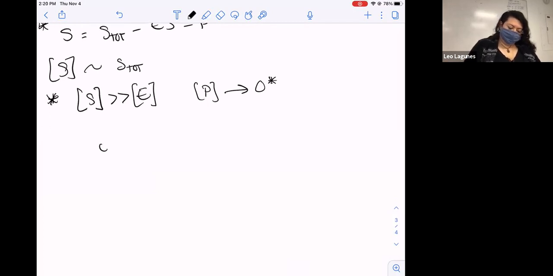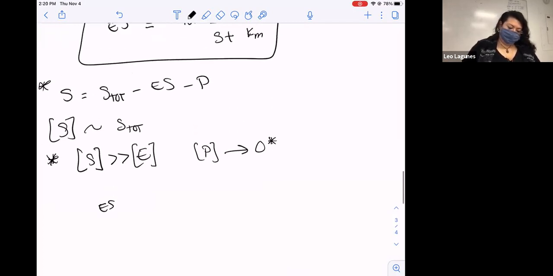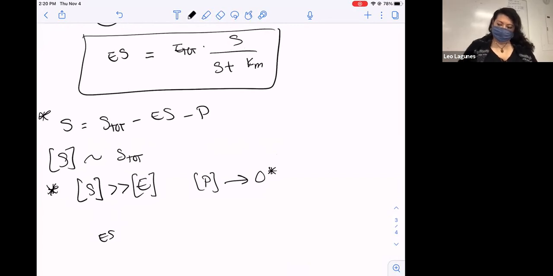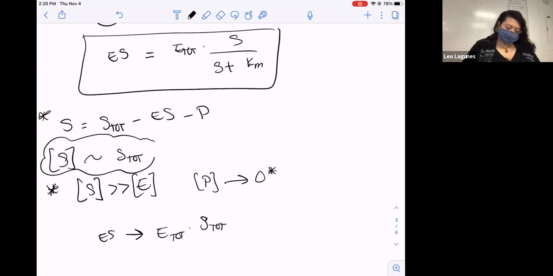So that means that for ES, right here, if the substrate is a lot more than the enzyme, then ES approaches this equation, E tot, but now S is approximately the total substrate.